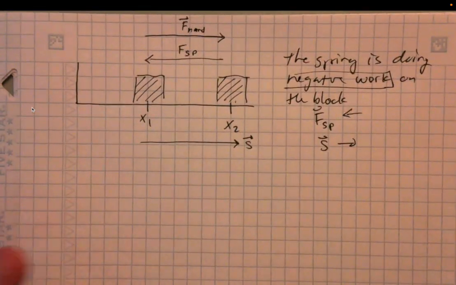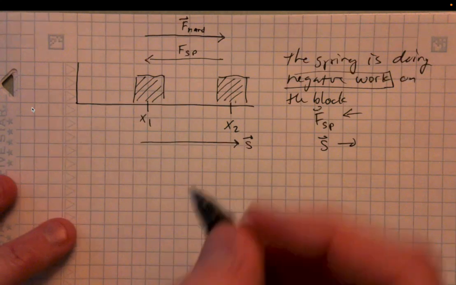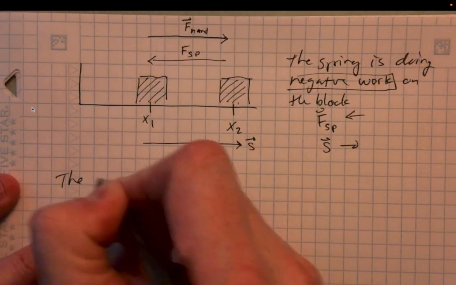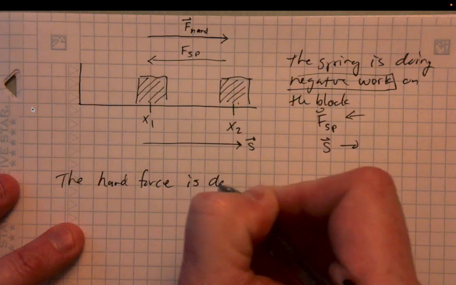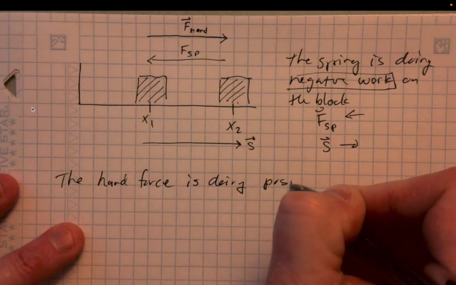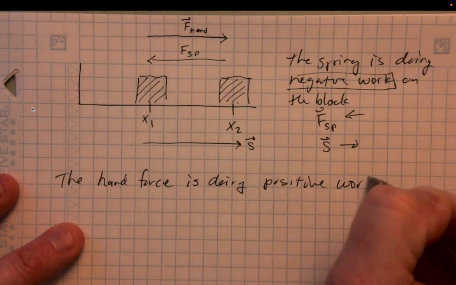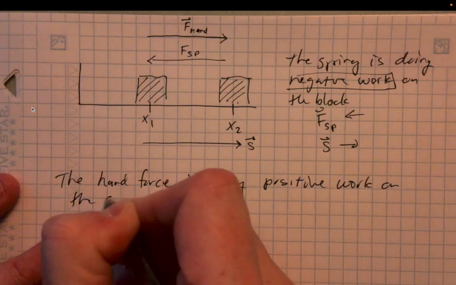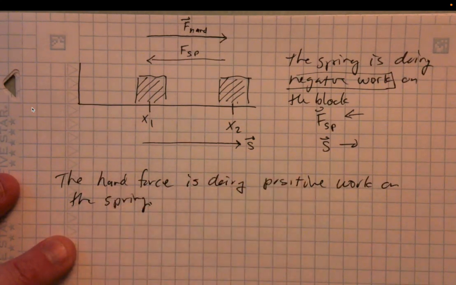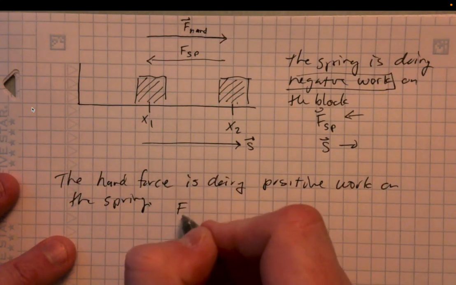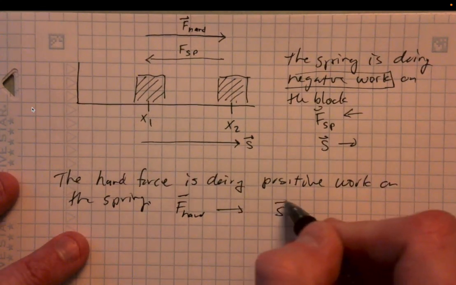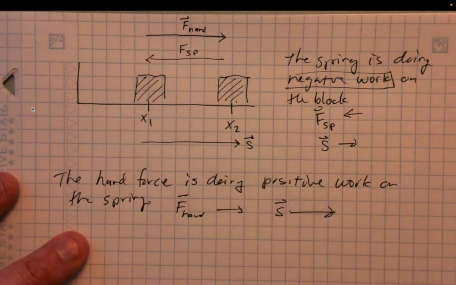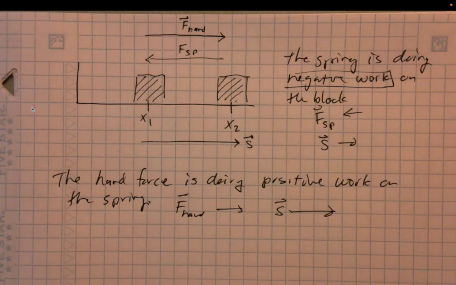But what about the work that our hand is doing on the spring? The hand force is doing positive work on the spring, right? That's because the force exerted by the hand is in that direction, which is also the same direction as the displacement.